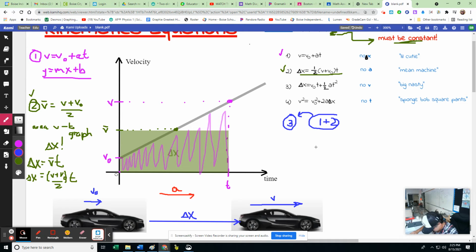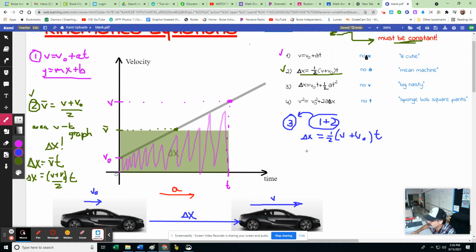Okay, so let's go for it here. We're going to start with our mean machine equation: delta x equals 1/2 (v plus VO) t. And we're going to say, hey, final velocity is actually this. Instead of v, we could write this stuff in its place.